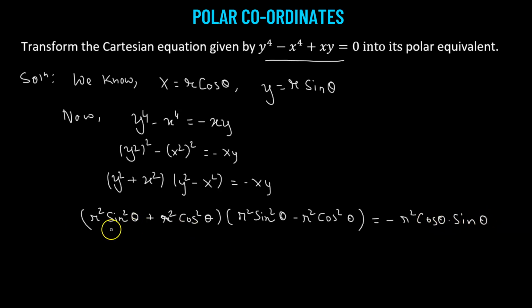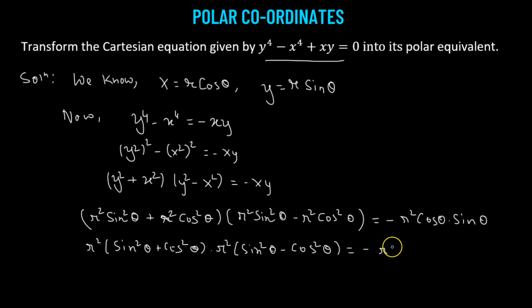Fine. Now here we can take r squared as the common factor. So this will get multiplied by sine squared theta plus cosine squared theta. Similarly, we can also take r squared common. This will get multiplied by sine squared theta minus cosine squared theta, equals negative r squared cosine theta times sine theta. Right.